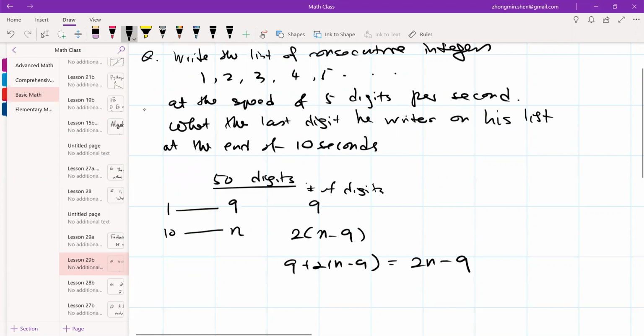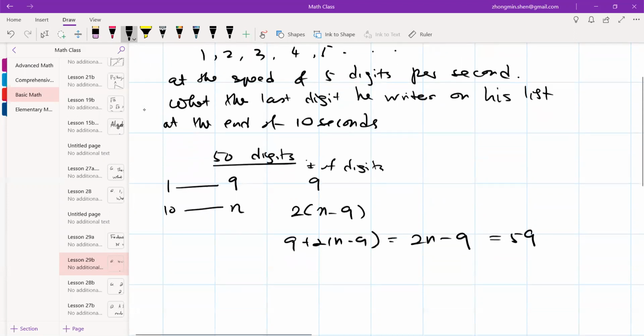So 9 plus 2n minus 18, so it's going to be 2n minus 9, okay? So this is supposed to be 50 digits. So you're going to use 50 digits.